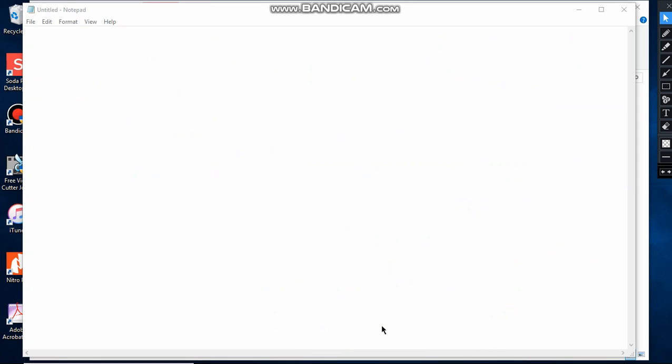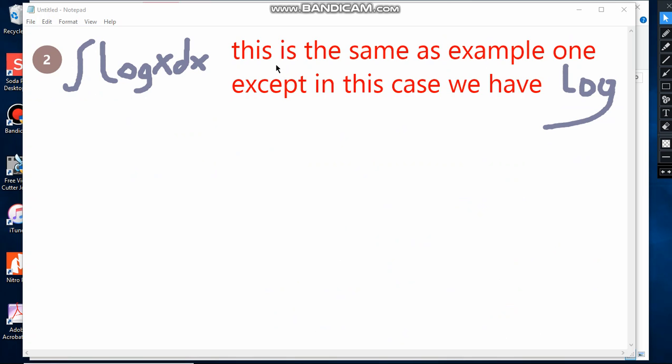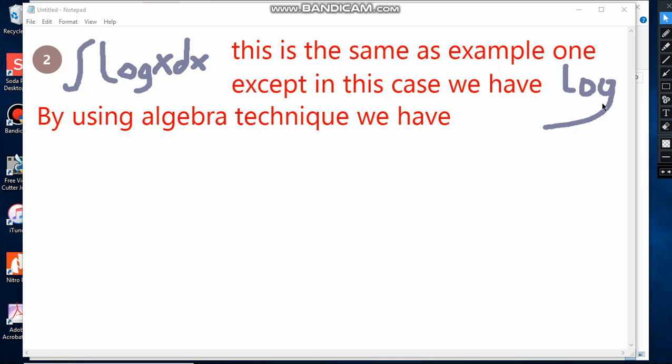Okay. If we integrate log of x dx, this is the same as example 1, except in this case we have log of x. By using an algebra technique, log of x is equal to ln of x divided by ln of 10.